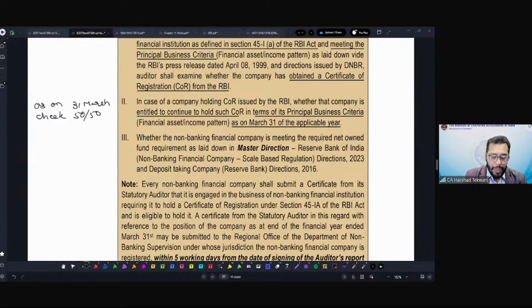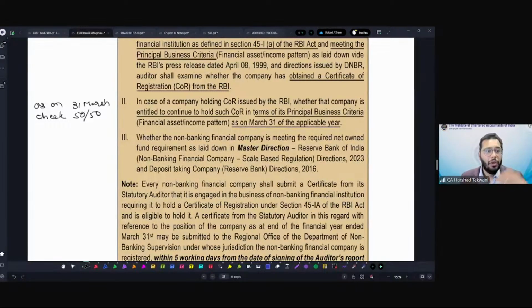Now, once this principal business criteria is there, it is required to be followed by each and every NBFC. It's not that only a particular NBFC has to follow it. The principal business criteria is followed by each and every NBFC because they have to maintain this criteria and the auditor has to report on it.